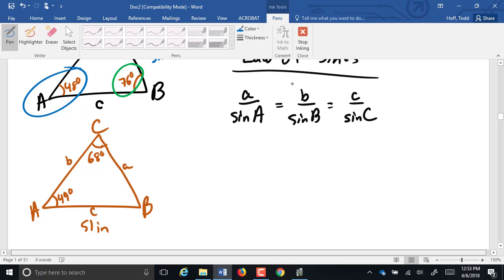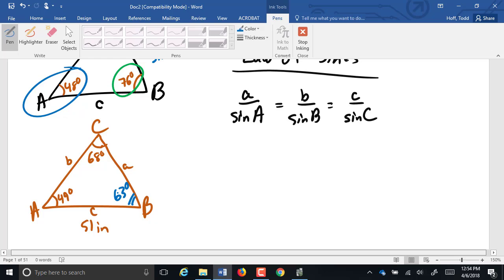First of all, can I find angle B? Yes, how big does angle B have to be? 63, how'd you get that? Perfect, 180 minus 68 and then minus 49. There's 63 left over to add up to 180.